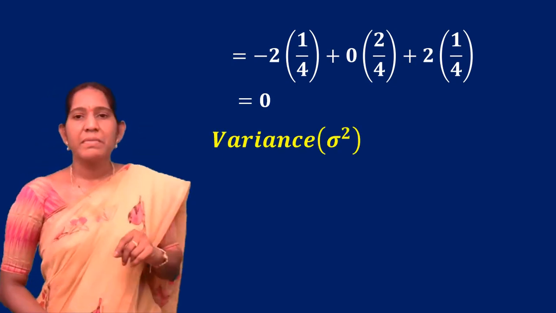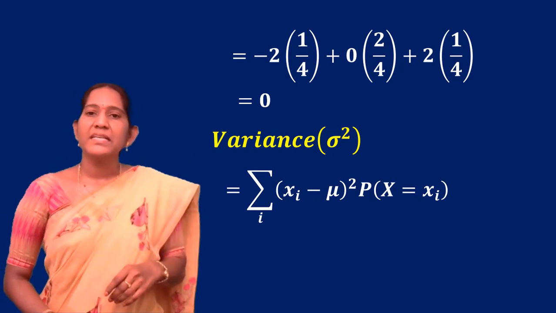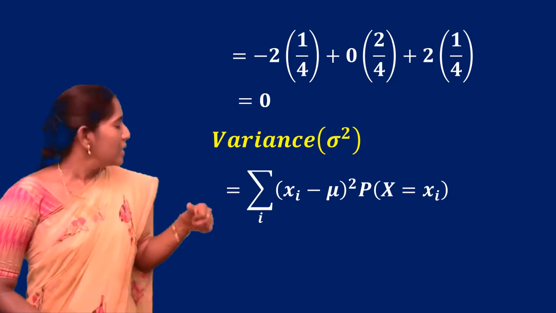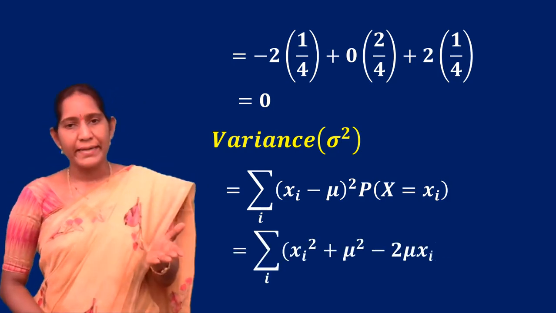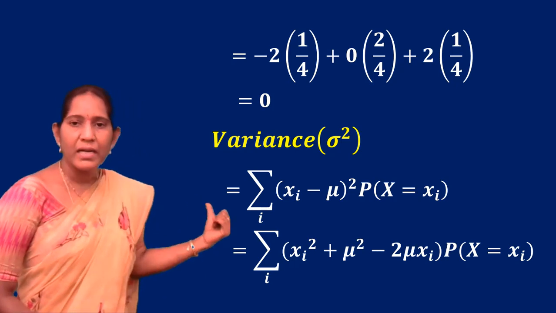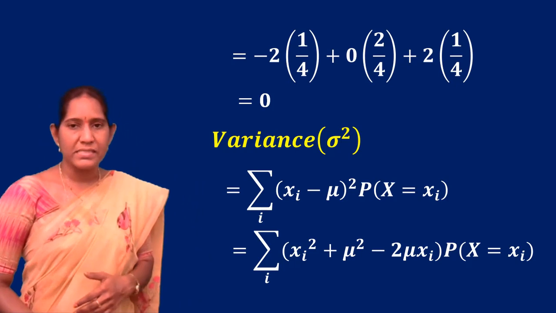And variance sigma square, that is sigma i, xi minus mu whole square into p of x is equal to xi. By expanding this, we get sigma i, xi square plus mu square minus 2 mu xi, into p of x is equal to xi.